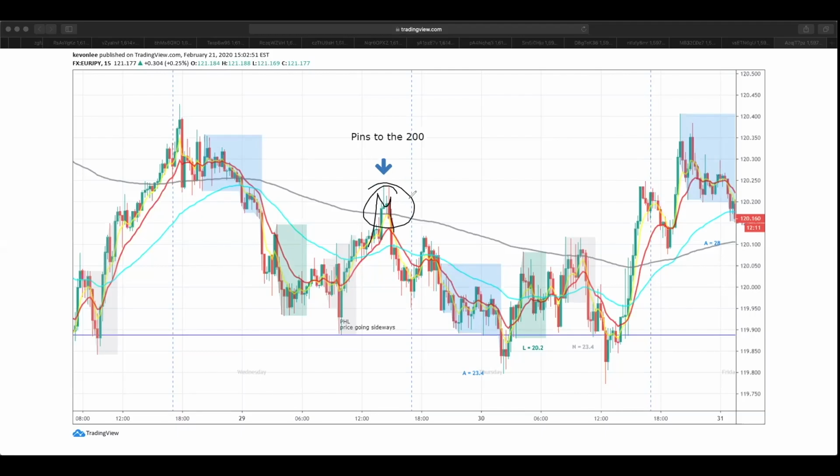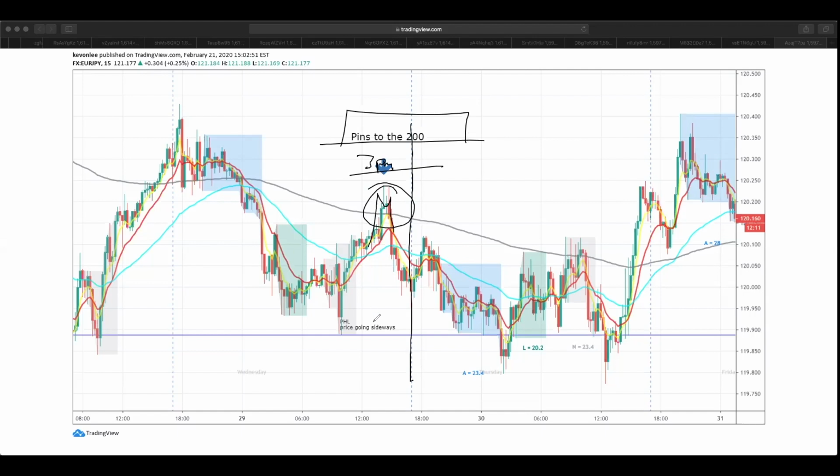This is like 3 in the afternoon, because here's the 5 o'clock range here. So this is like 3 p.m. here. So yes, it's pinning to the 200, but what I mean by pins to the 200 is trying to find an actual trade that you can take that's within the box.